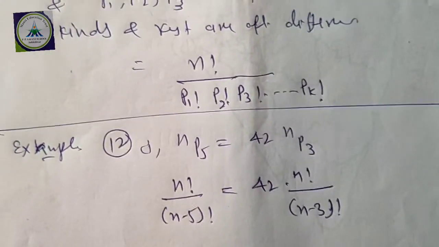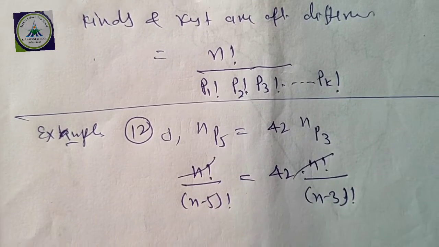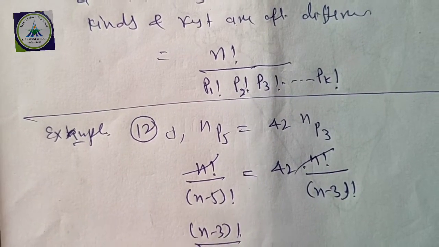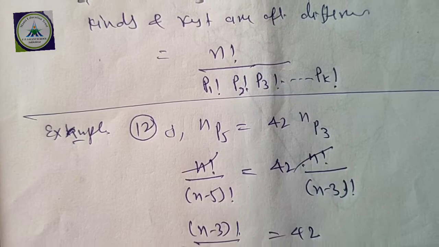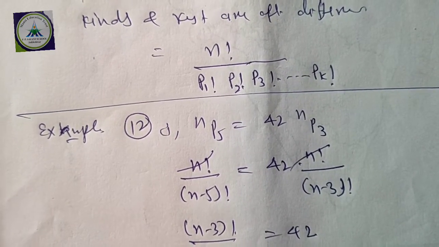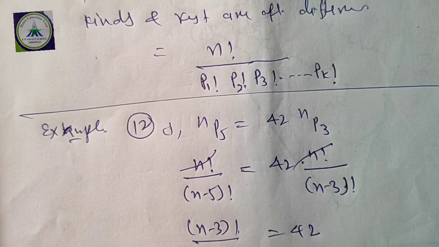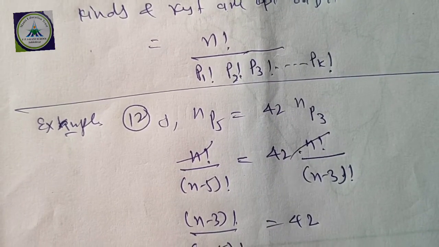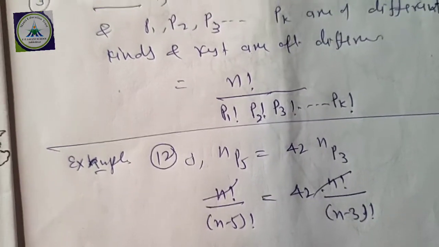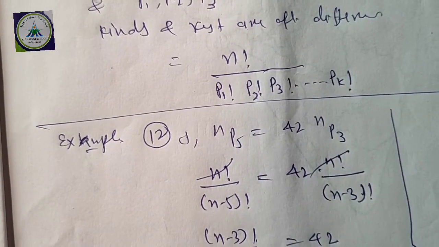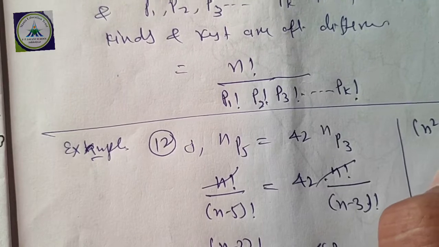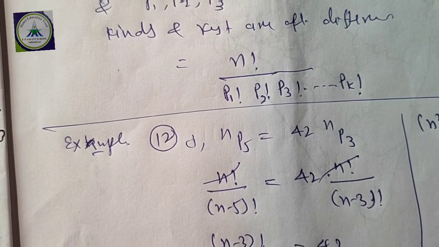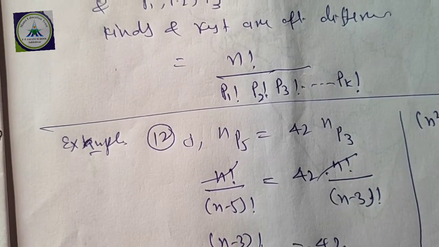Factorials cut, and cross multiplying, factorial n minus 3 upon factorial n minus 5 equals 42. Writing n minus 3 in the form of n minus 5, we take out n minus 4 and get factorial n minus 5. Cutting, we get n minus 3 times n minus 4 equals 42. So n squared minus 7n plus 12 equals 42.